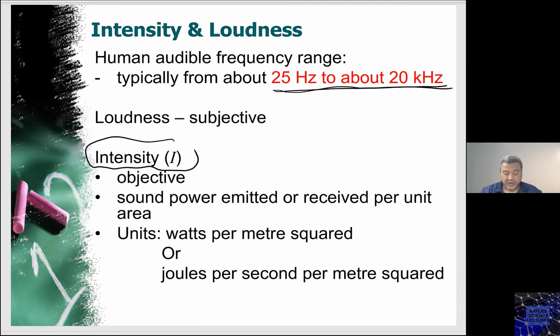We introduce what's called the intensity, and this intensity is basically the sound power emitted or received per unit area. The symbol for the intensity is I, and it measures the amount of power received per unit area. The unit for I is watts per meter squared, or joules per second per meter squared.